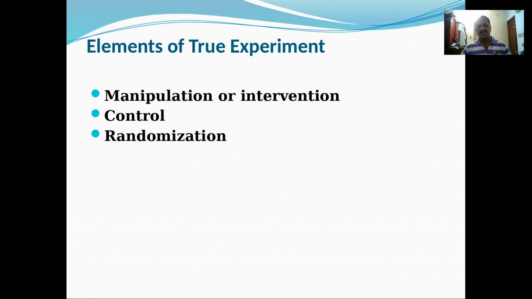As I mentioned before in the previous class, the true experimental design is considered the strongest design, where the cause and effect relationship is established with 100% confidence. That means with 100% surety we can say that this effect has occurred only because of this particular cause.